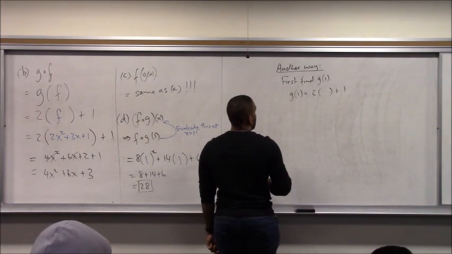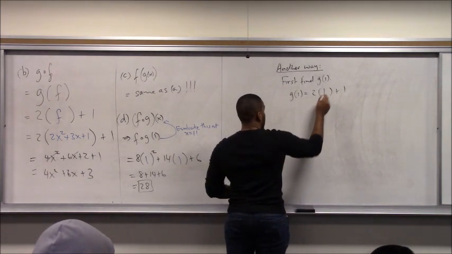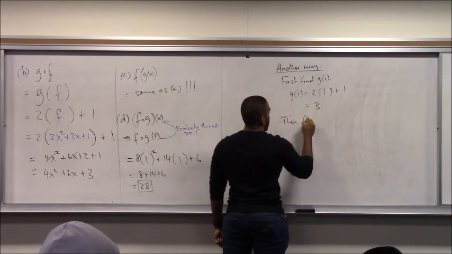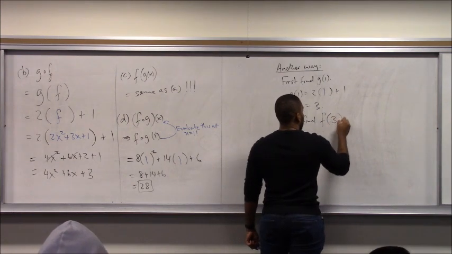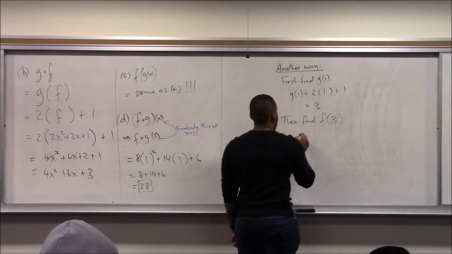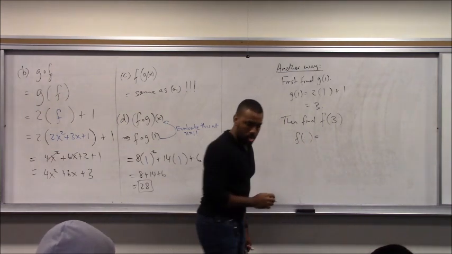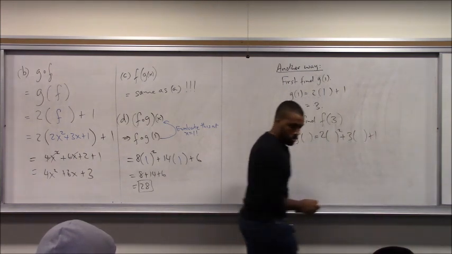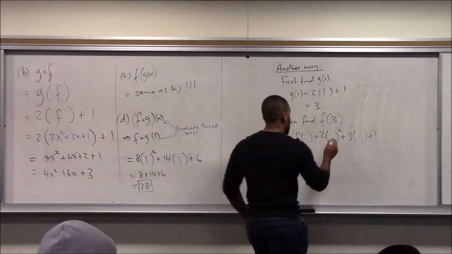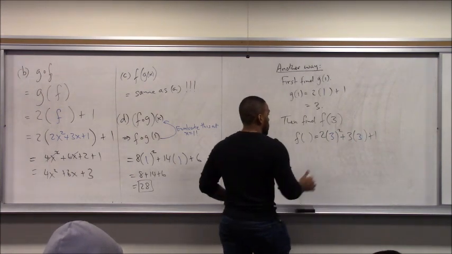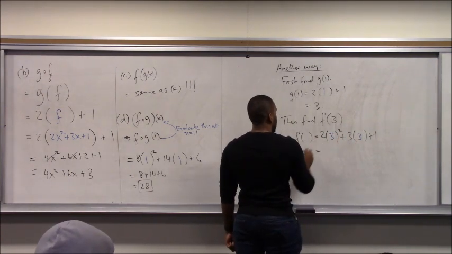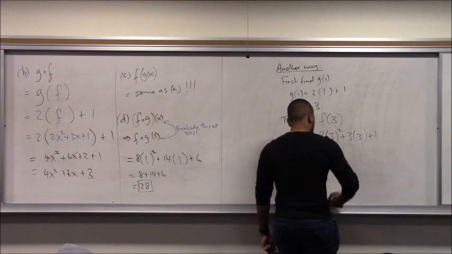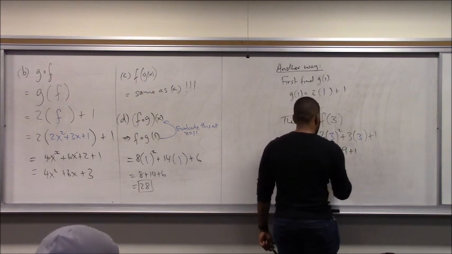So then I would plug 1 into the g function, that would be 3. Then find f of 3. So I know f is just going to be 2 times something squared plus 3 times that something plus 1. So now I can put 3 in here. That'll be 9 times 2 is 18 plus 9 plus 1, and again you get 20.